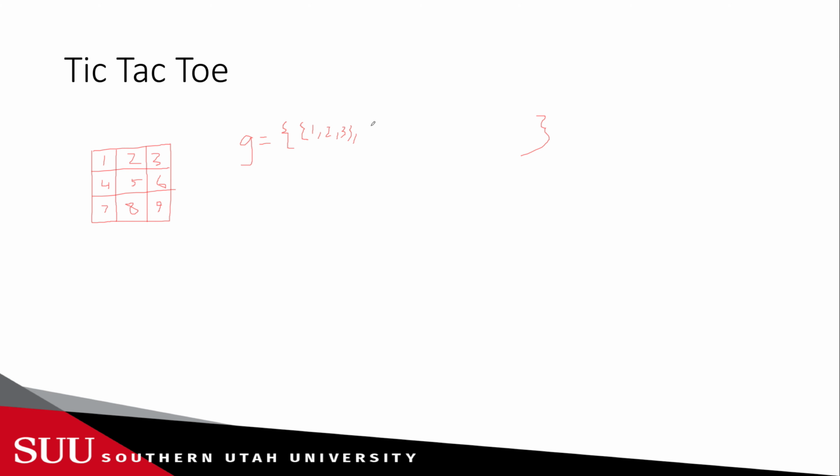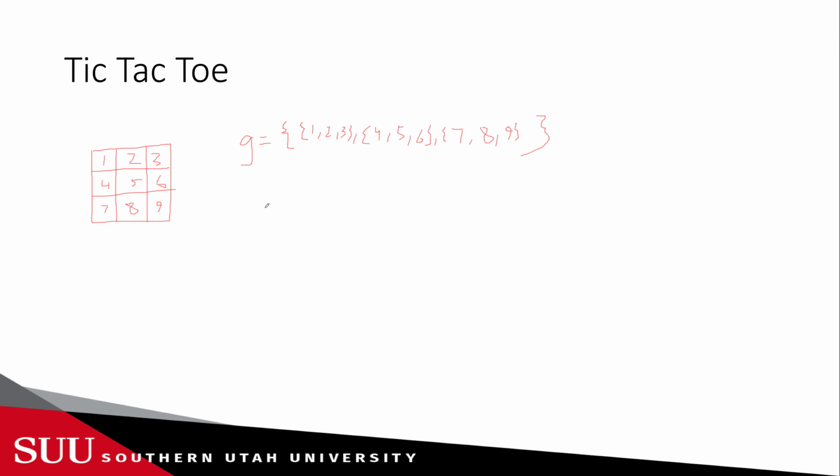So I can continue the same thing here, 4, 5, and 6, and then another subarray containing 7, comma 8, comma 9. So this should be my grid.